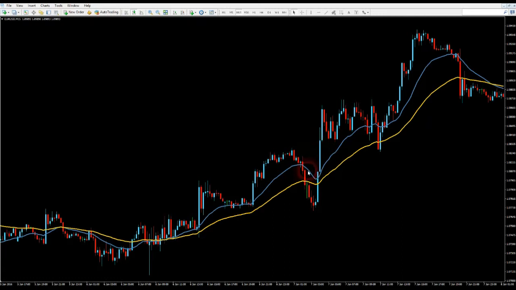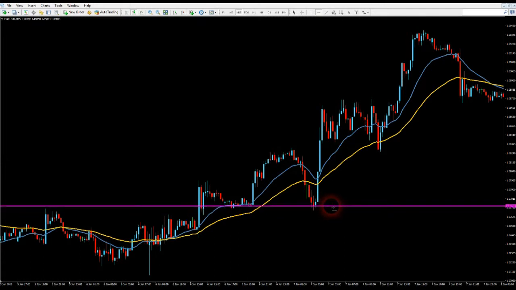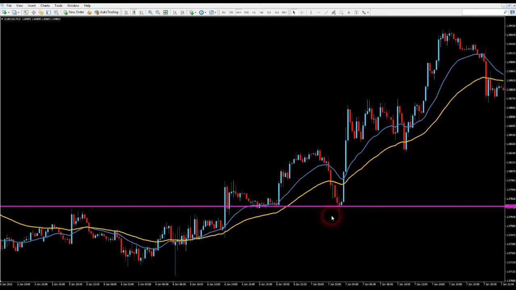So that's why it's important to complete the moving averages with one more indicator. Don't overdo it, just use one more indicator and try to learn support and resistance, because in the end it all comes down to support and resistance. All indicators will give you false signals, but understanding support and resistance with the help of price action is going to help you more.